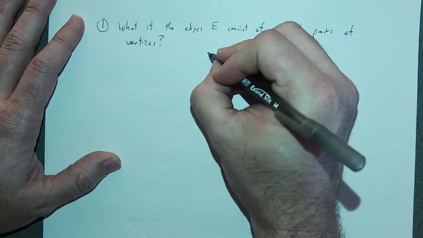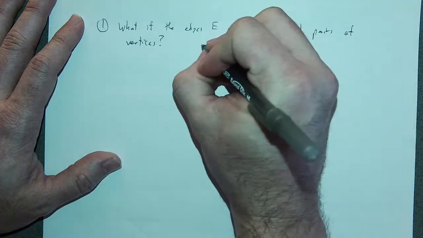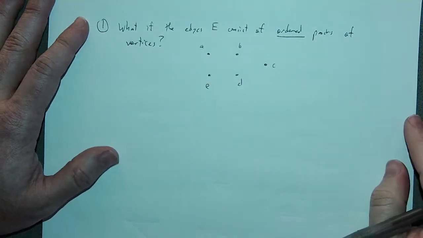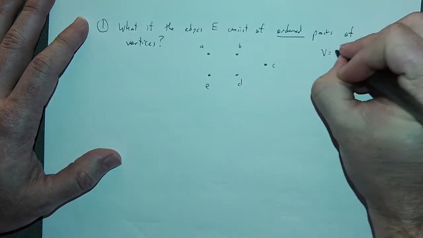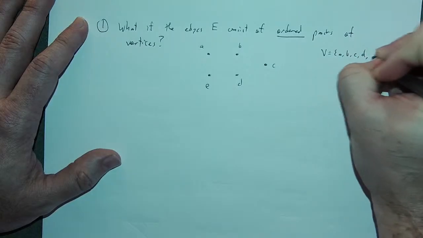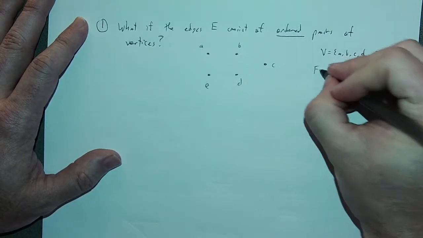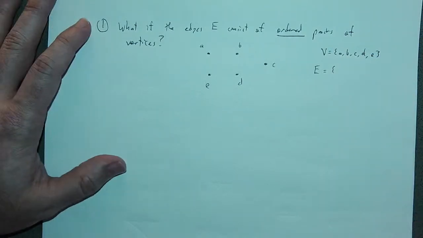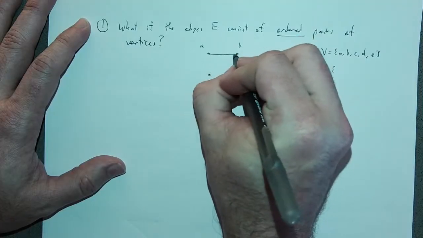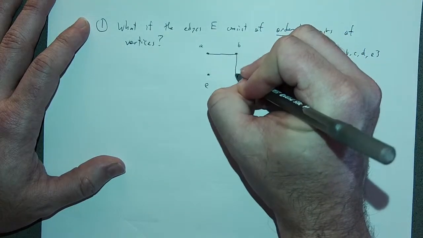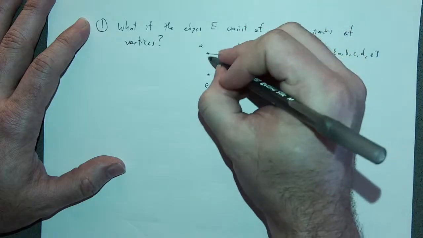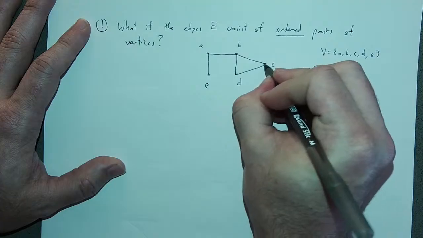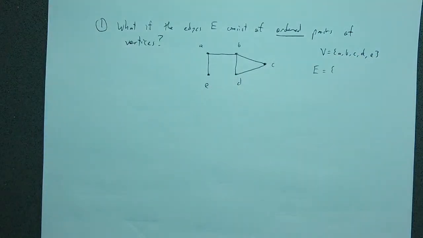So if I've labeled these, we'll say these are A, B, C, D, E. Okay, so my vertices consist of A, B, C, D, and E, and my edges then are going to consist of ordered pairs. So I'm going to draw in some ordered pairs here, but this is just a normal graph.